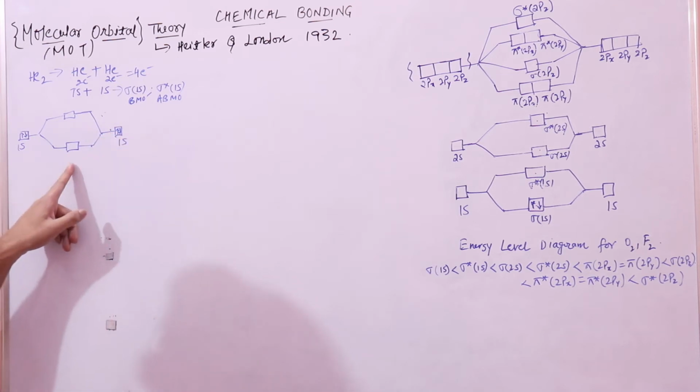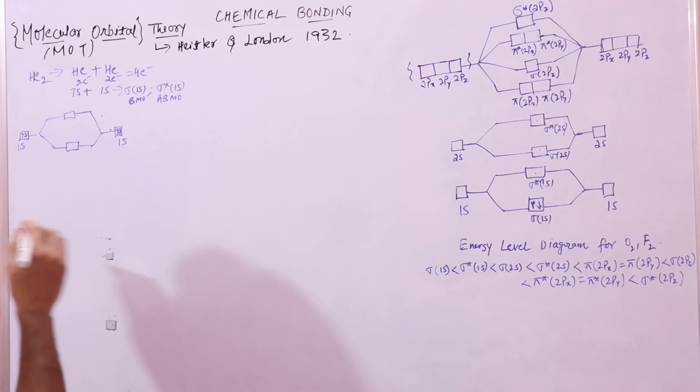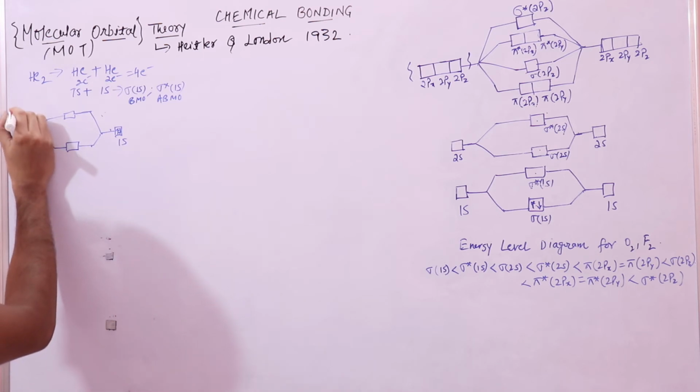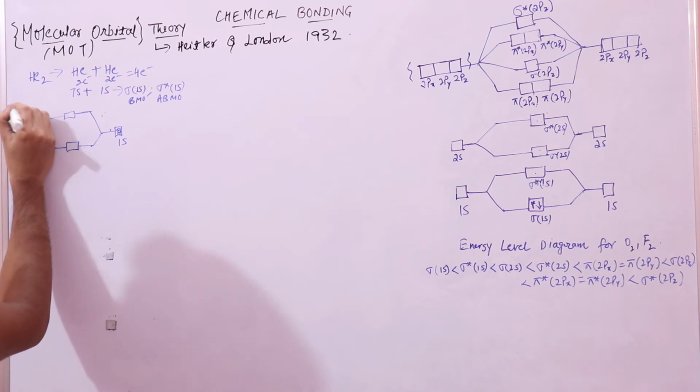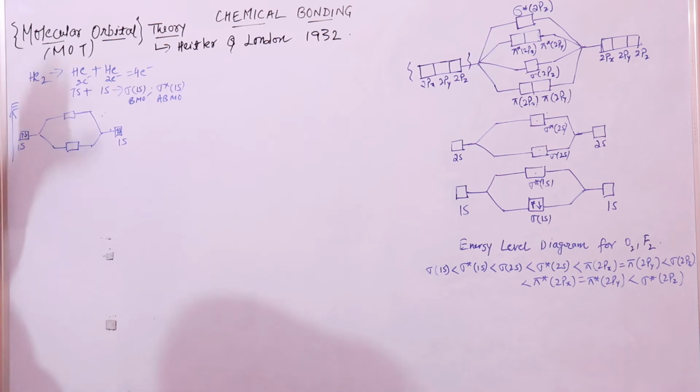So the resulting molecule is shown in the middle, and you have this kind of arrow in energy level diagrams that shows that energy is increasing. So orbitals that are going up have high energies.